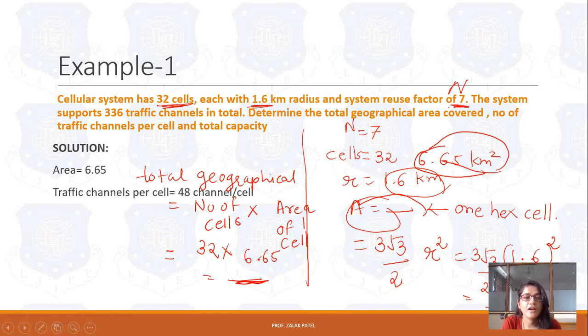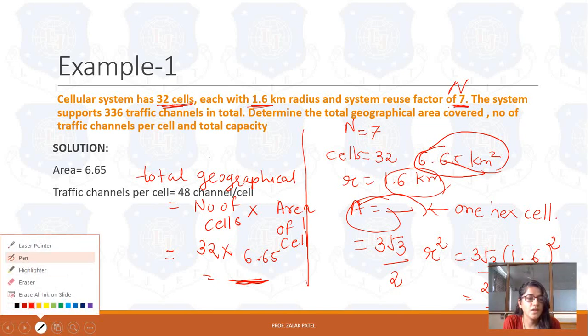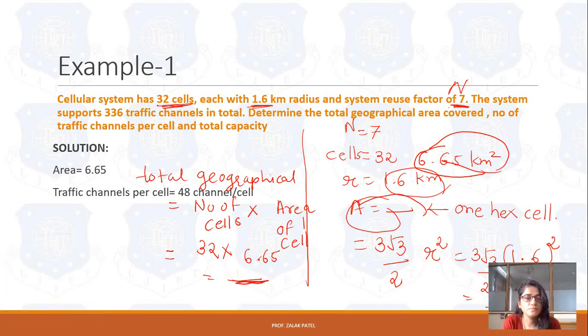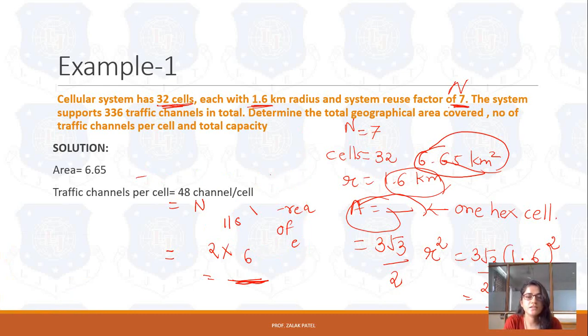Now, how to find the number of traffic channels? In the problem statement, it is given that the total number of traffic channels available is 336, and the reuse factor is n equal to 7.